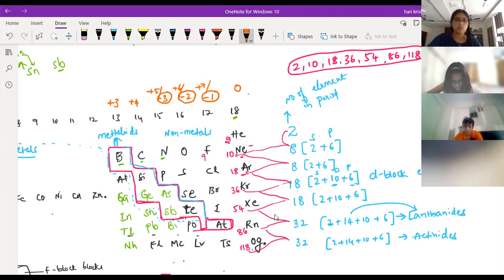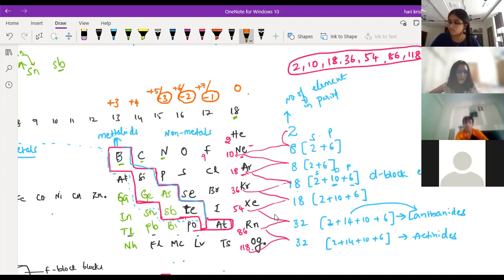Vedika, what is the answer? MgBr2. It's correct, right? Because Mg belongs to +2 and Br will show -1. So always you have to make neutral compounds. To make them neutral, you have to balance +2 and -2. Right? MgBr2.